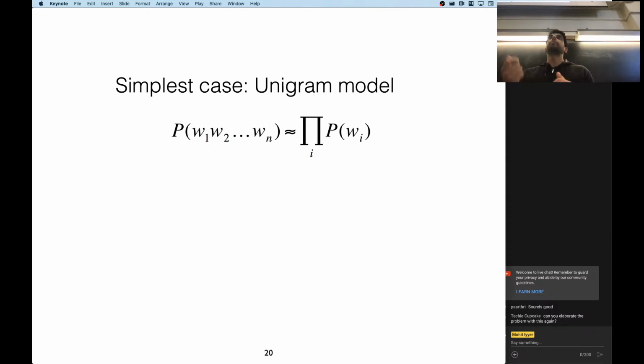When we are talking about an n-gram model, the n refers to the number of total words that we are counting. So in a unigram model, you can see that we approximate this joint probability as just the product of basically the frequencies of the words in that text. So there's no prefix that we're conditioning on here.